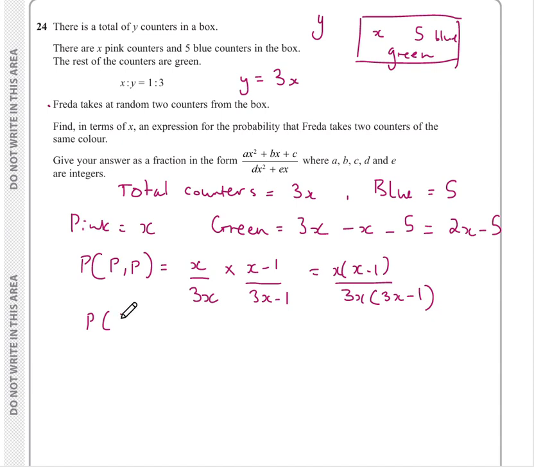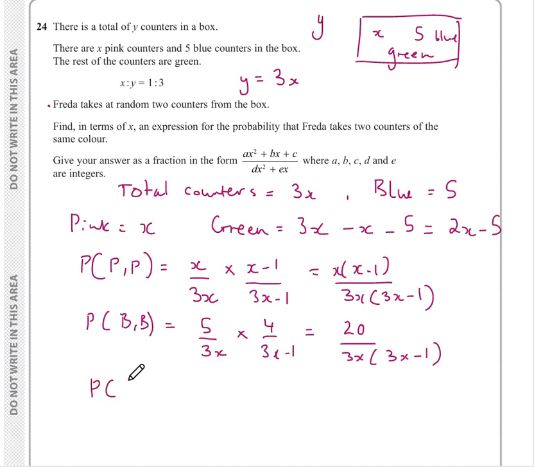Let's think about the probability now of blue and then blue. That's a little bit more straightforward. It's going to be 5 over 3x for the first choice times 4 over 3x minus 1, which is going to simplify to 20 over 3x minus 1.